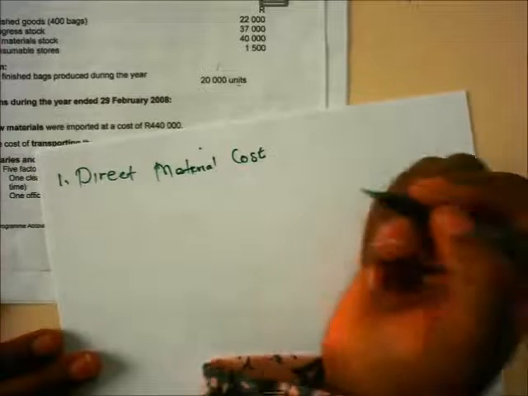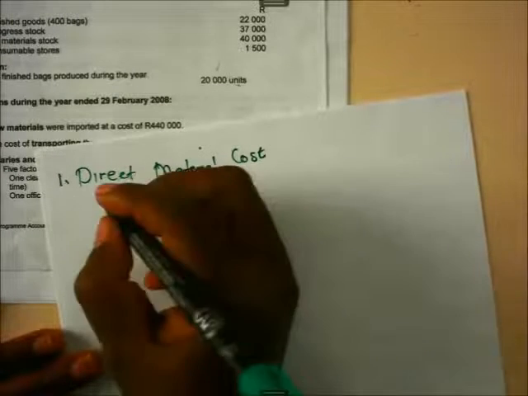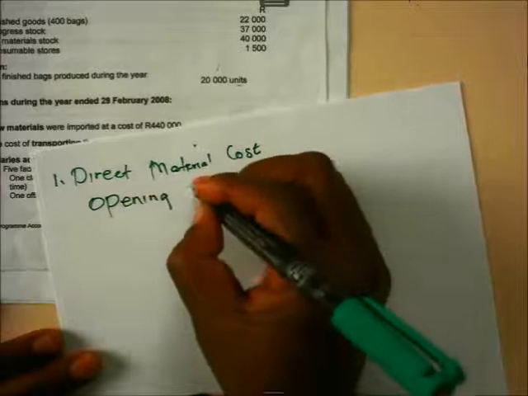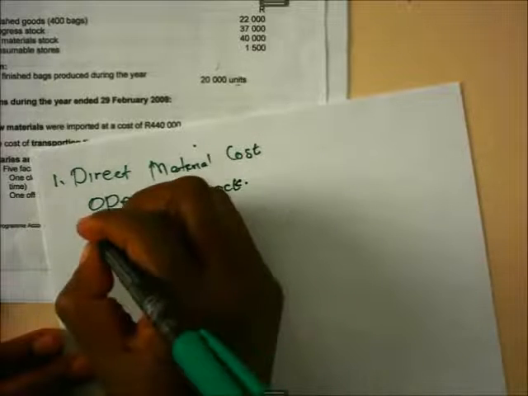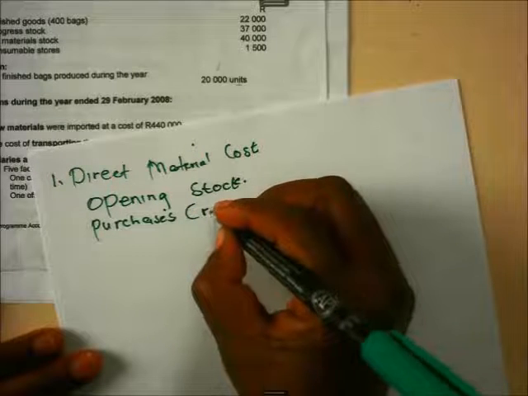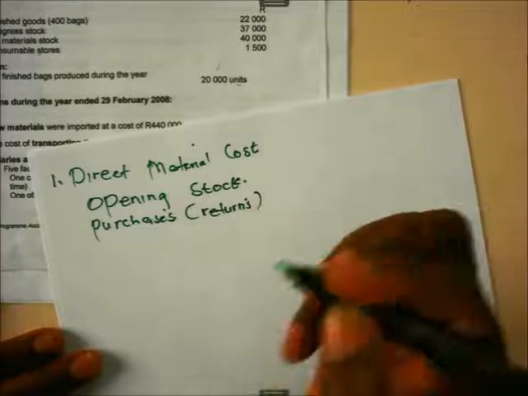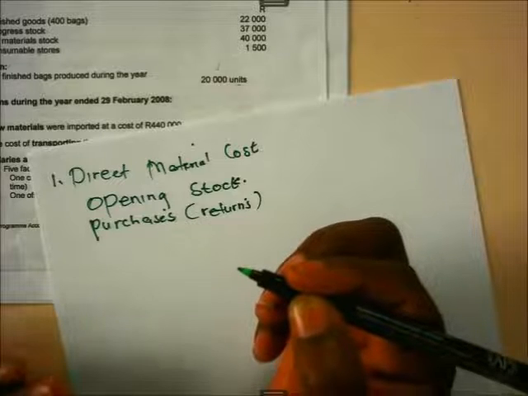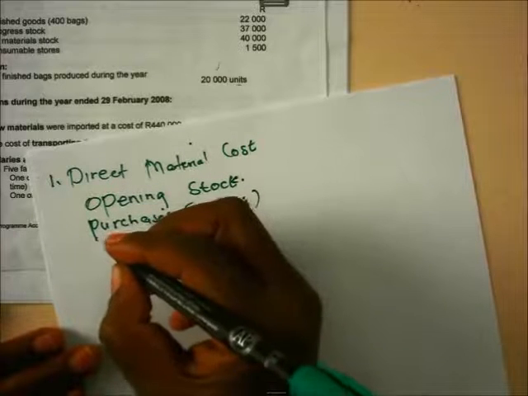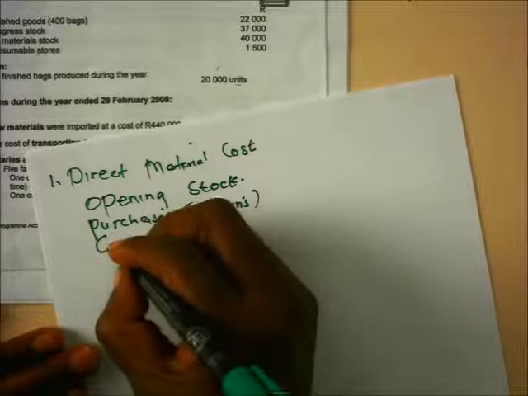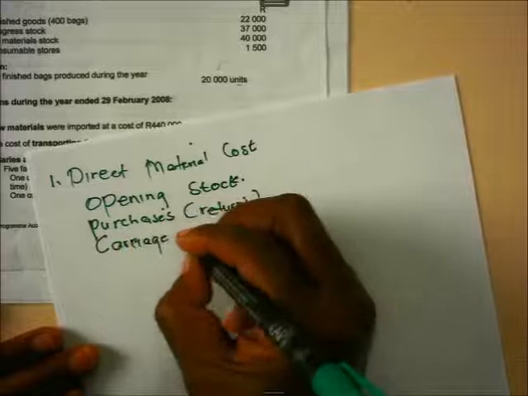But before we start this note, let's see what is needed to prepare it. Don't forget, you have to start with the opening stock, the stock at the beginning of the financial period. Then you say purchases minus the returns or allowances, if any, to get the net purchases. Then any cost incurred in bringing the goods to the premises, such as the transport paid to bring the goods into the premises of the manufacturing business, which is called carriage on purchases.